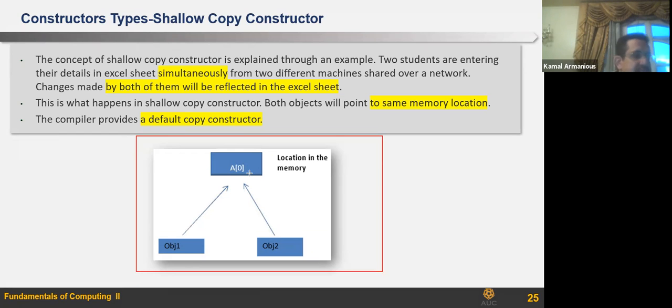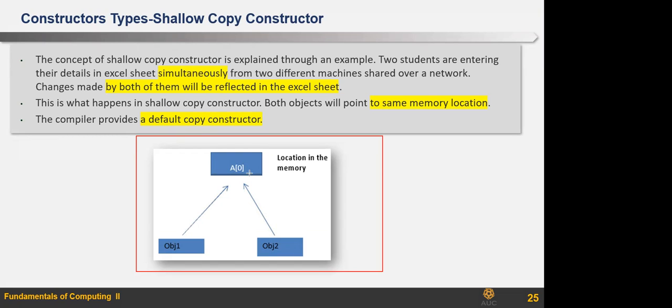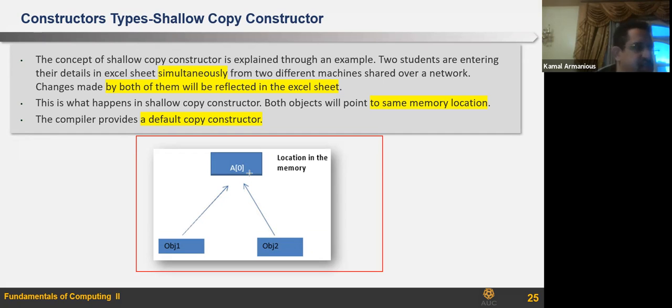Look at this diagram and tell me, the shallow copy constructor is similar to what? Does this look like a pointer? Please, you can say it in the chat privately, of course, not for everyone.